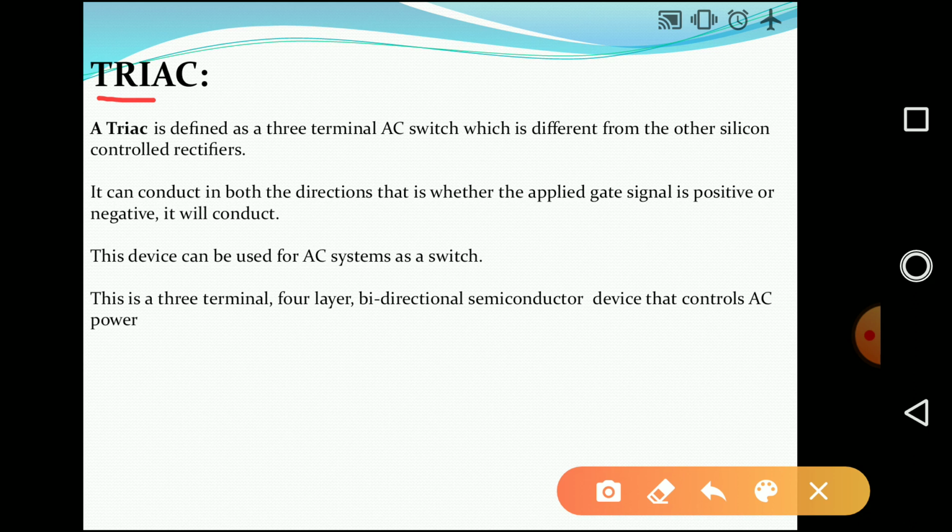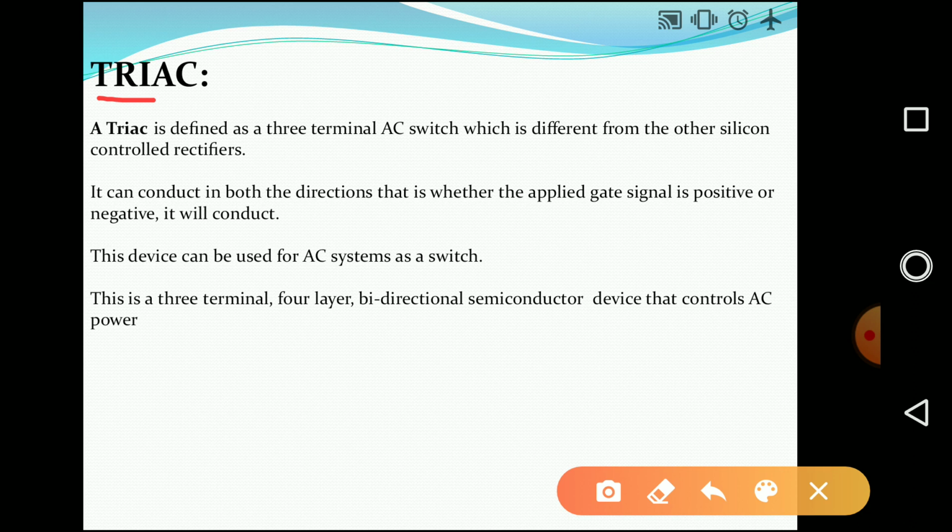Normally we have studied the SCR. The SCR conducts only in one direction, that is from anode to cathode. But the triac has the advantage that it can conduct in both directions. Therefore, there is no anode and cathode terminal in a triac.